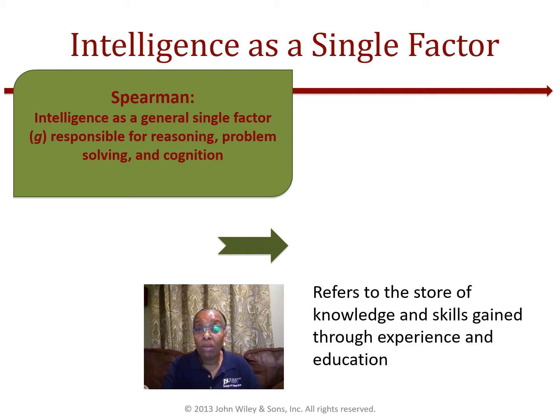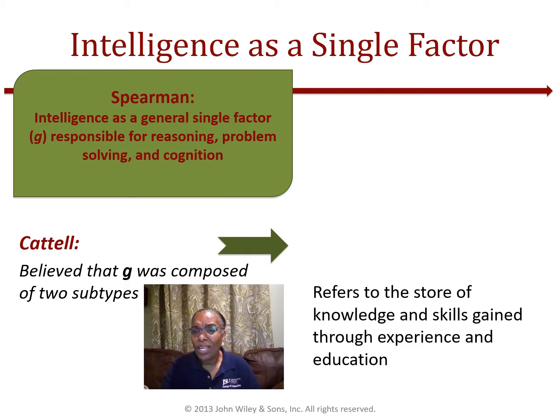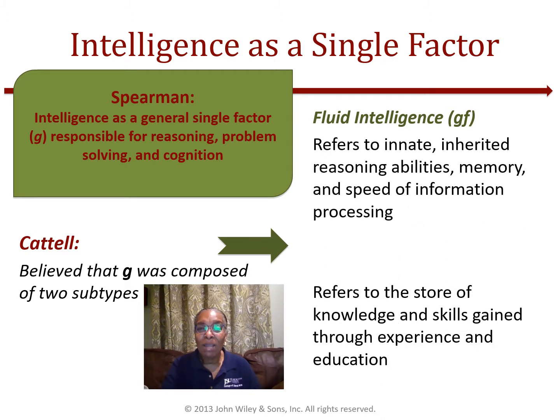Now, Raymond Cattell, let me bring that up because I'm busy talking and not giving you the slideshow, but Raymond Cattell came up with two subtypes of G that would exist. One being fluid intelligence, which you can call GF.